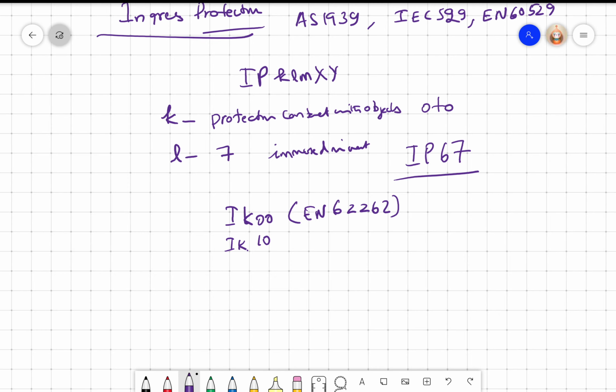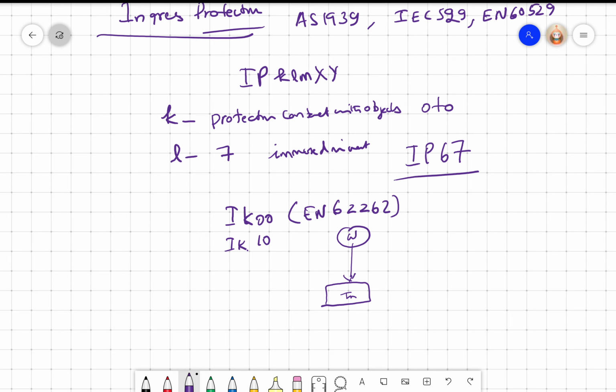So what it means is that it can take a certain amount of impact energy, right? So if I put the transducer, this is my transducer, and I drop a weight on it, whether it will handle that, whether it will continue to work after the object hits, that is given by the IK code.